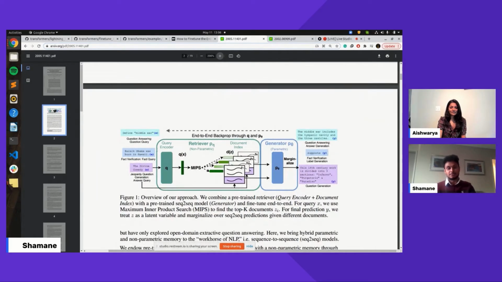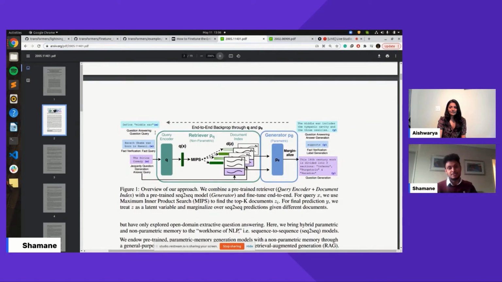The RAG models mainly illustrate how to combine the idea of information retrieval and language modeling in an end-to-end manner. They consist of mainly three parts, where the first part is you encode your input.